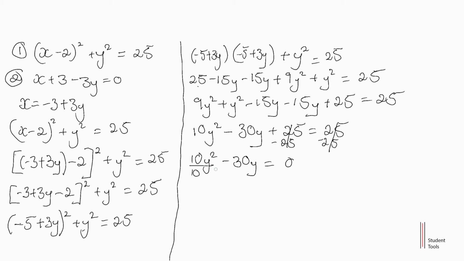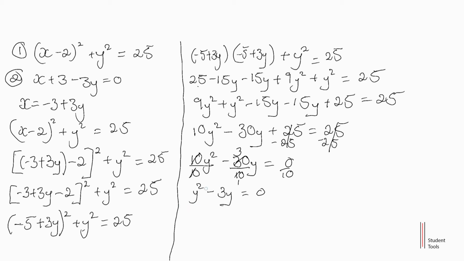We have y² − 3y = 0, because 30 divided by 10 is 3, and 0 divided by 10 is still 0.